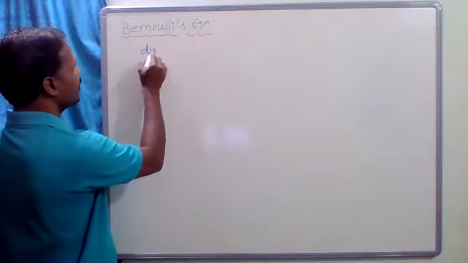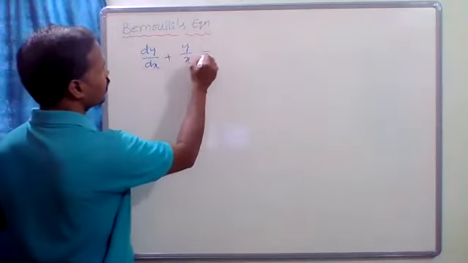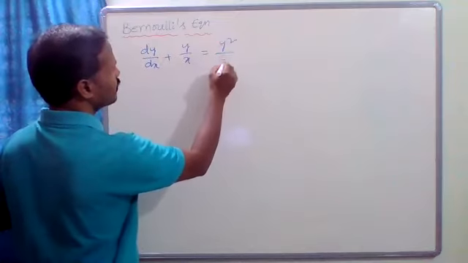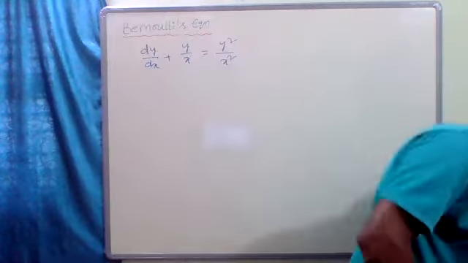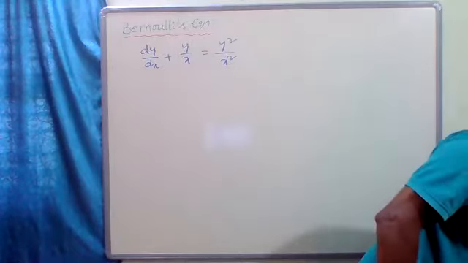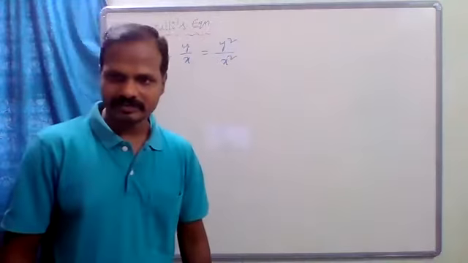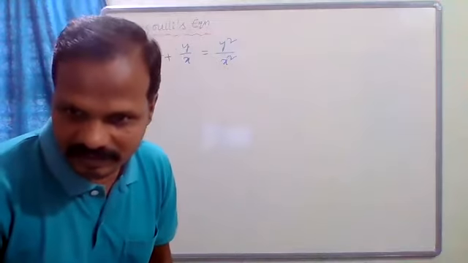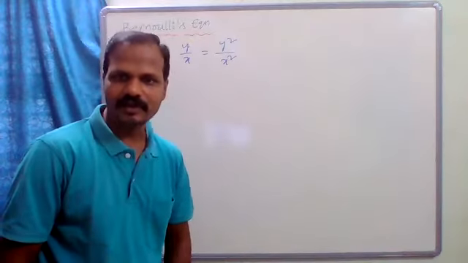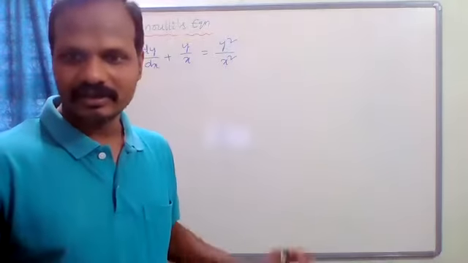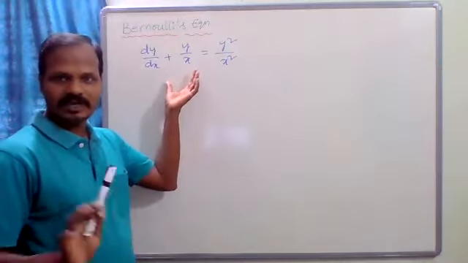So dy by dx plus y by x equal to y square by x square. Okay, I will explain Bernoulli's equation; don't worry, with this problem I will explain everything.